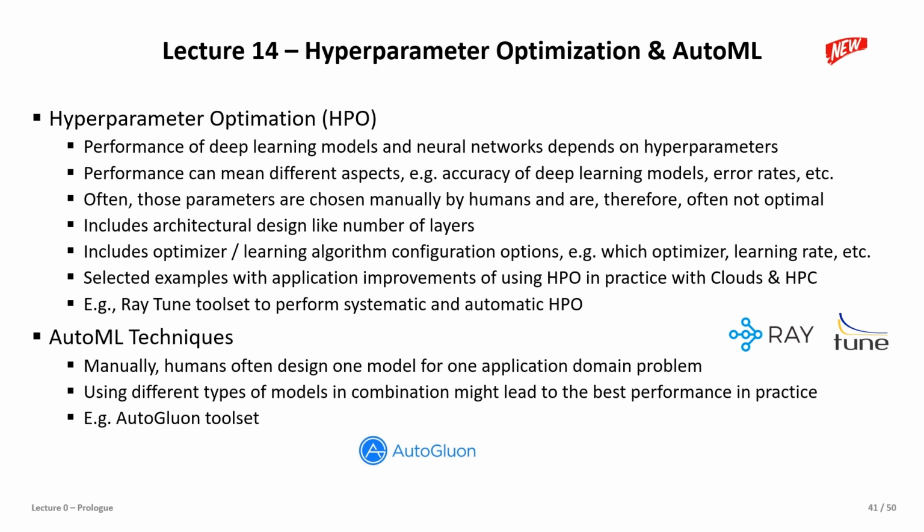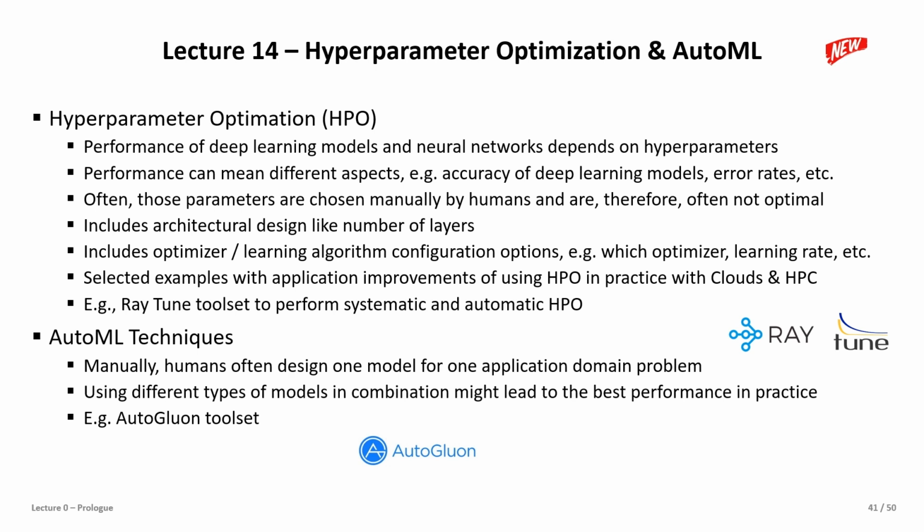Also, part of this lecture will be a presentation of the AutoML techniques. Usually, as we know, for a specific problem, we use one model when we are designing it, and we see how it's working. But automated machine learning helps to make a combination of maybe different models and find the best one. So we can have the best performance in practice.